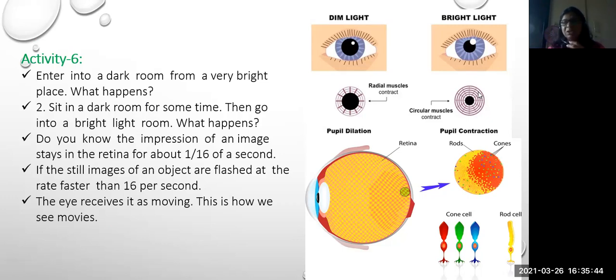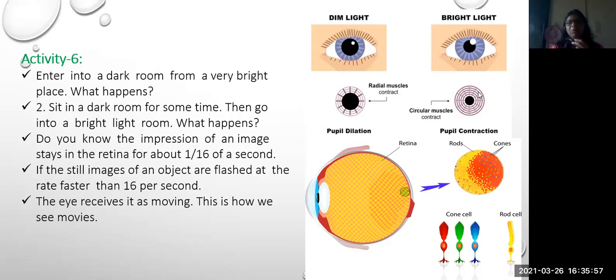So the retina consists of what? Rods and cones. So this is a color picture and this is a black and white picture. Okay. So this way you can observe the changes in your eye itself according to bright light or dim light, or according to the distance, near or far.